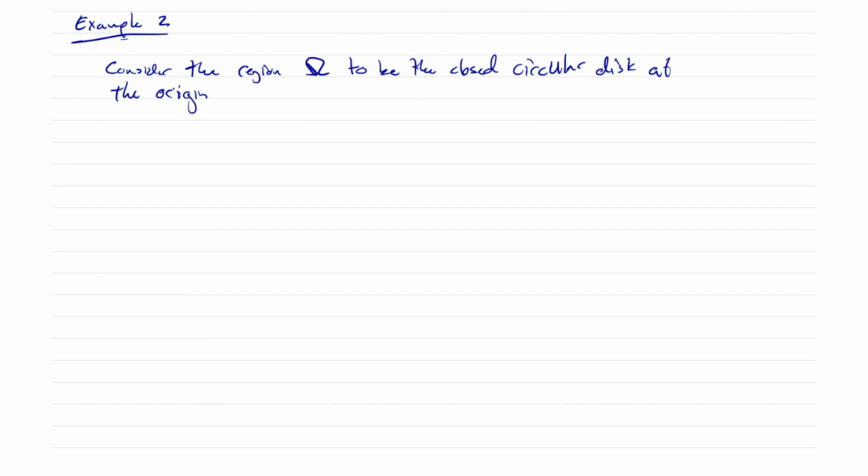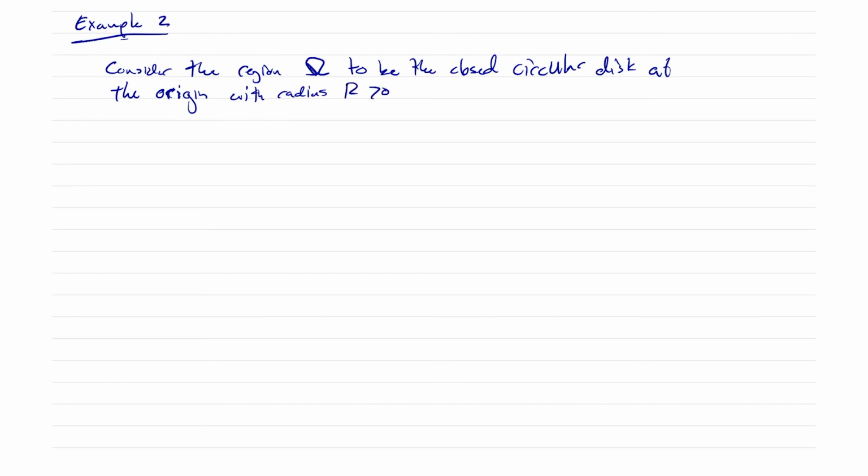So we're going to consider the region omega to be the closed circular disk at the origin, with radius r bigger than 0. Okay.